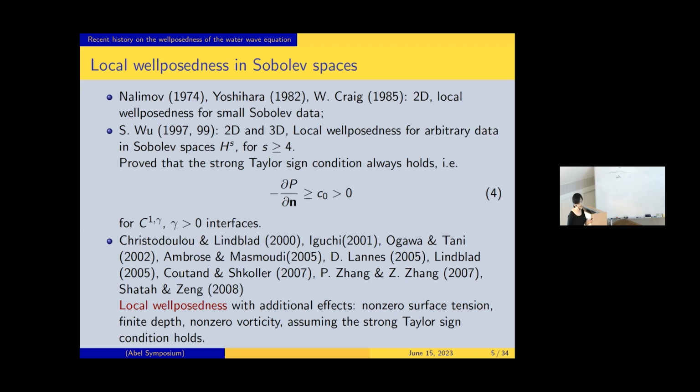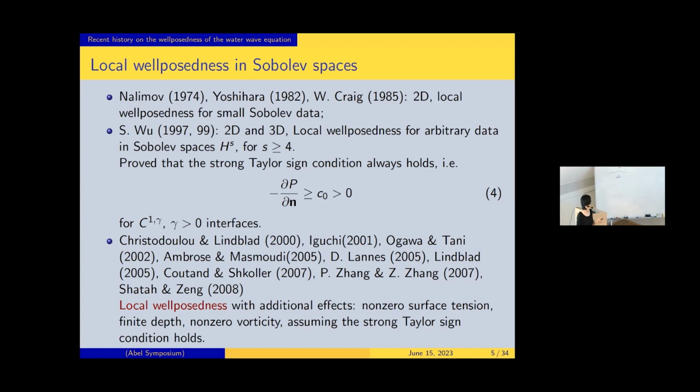Yoshihara and Wayne extended this work to the case where the water wave has finite depth, but with the bottom not intersecting the fluid interface. In all these works, the data are small. In our work, we actually show that the Taylor sign condition always holds, as long as we are talking about the water wave equation with infinite depth and there's no surface tension.